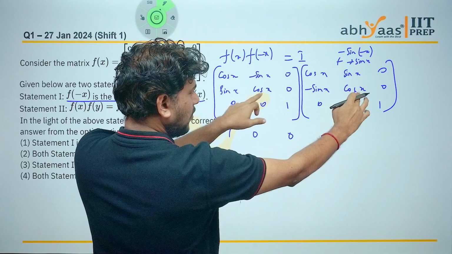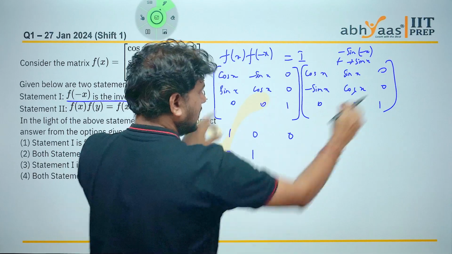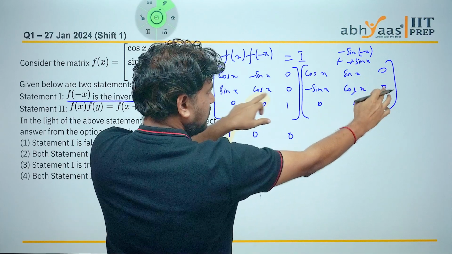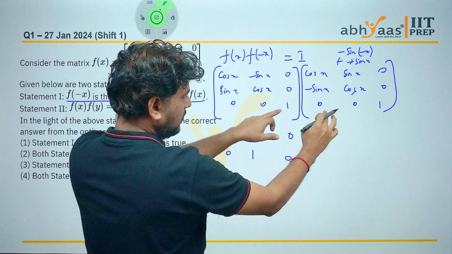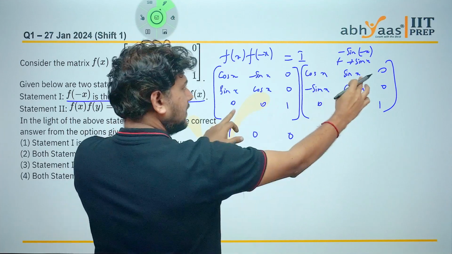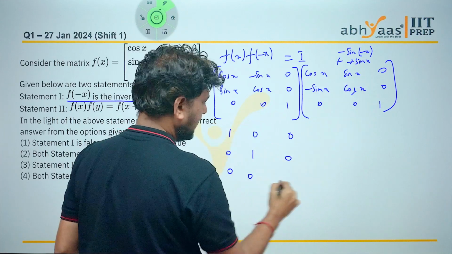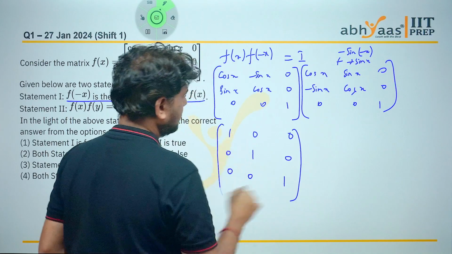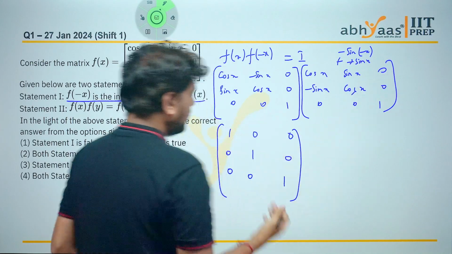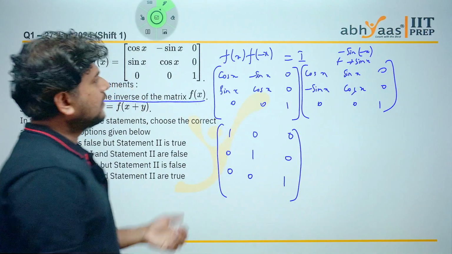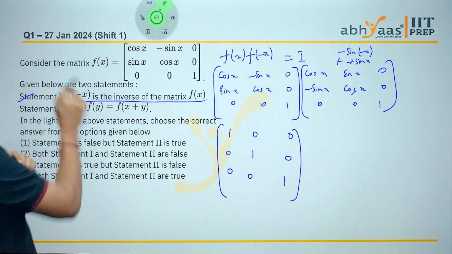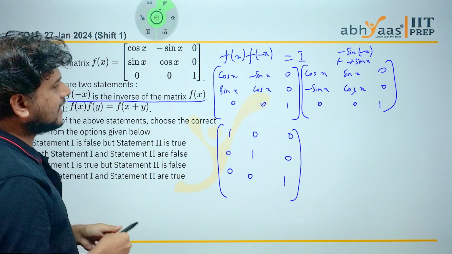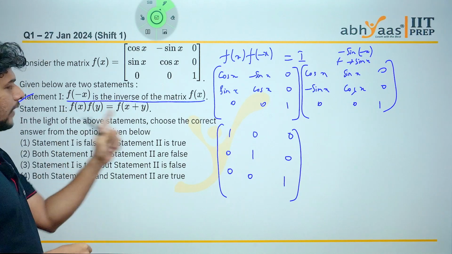Sin square x plus cos square x plus 0, that is 1. Then 0, 0, 0 and 0, 0, 0. This also 0, 0, 0 and this will be 1. So 0, 0, 1. We get the identity. So f of minus x is the inverse of f of x. This statement is true.